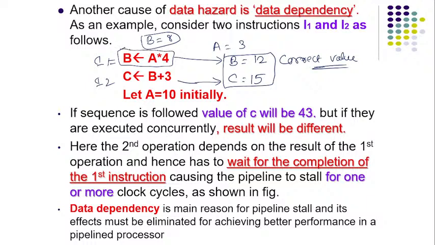It is supposed to execute completely, because the second instruction, the value of B, depends upon the result of the first instruction. Suppose the first instruction is not executed, then the second instruction will take the old value. Old value कितना है? 8 है. 8 plus 3 execute होता है फिर. Will get wrong result.